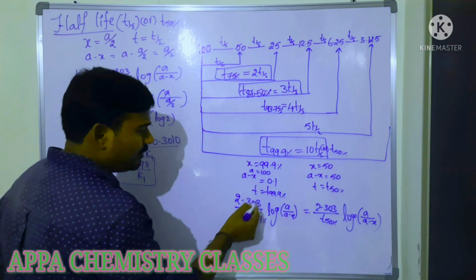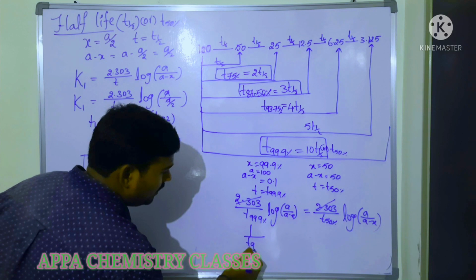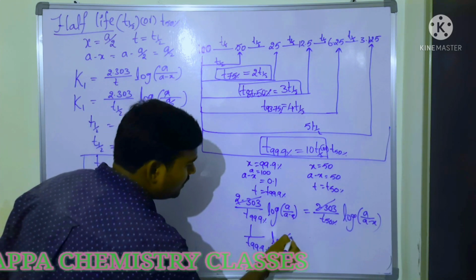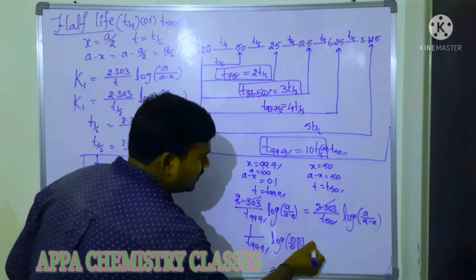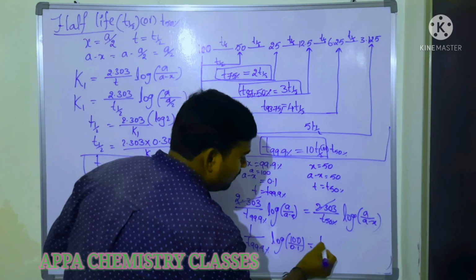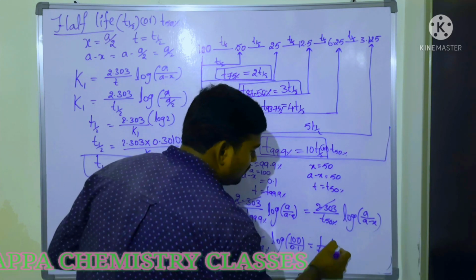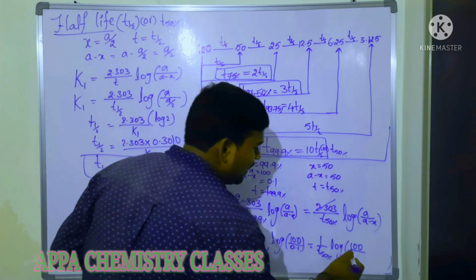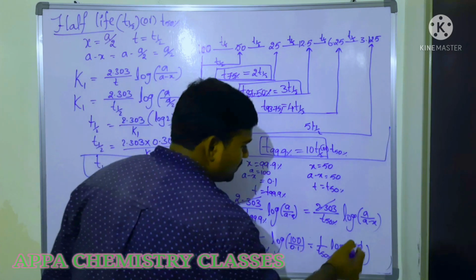Now in this case what happened? 2.303 gets cancelled. 1 by T 99.9% times log of initial concentration 100 over final 0.1 is equal to 1 by T 50% times log of 100 by 50, since A minus X is 50. If you do the cancellation, it is log 2.